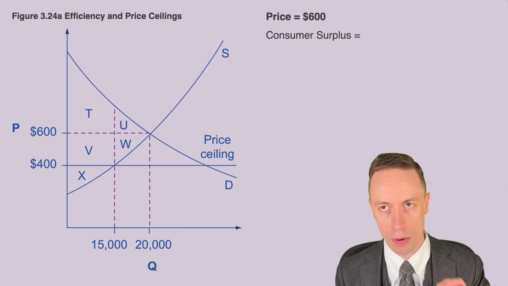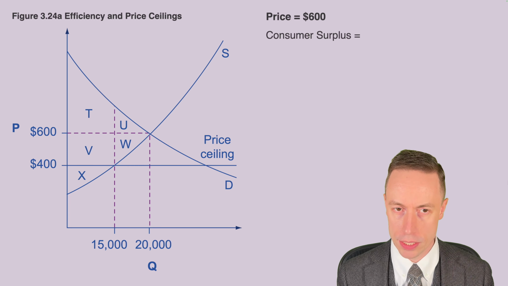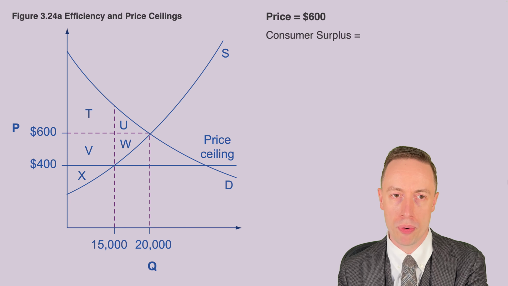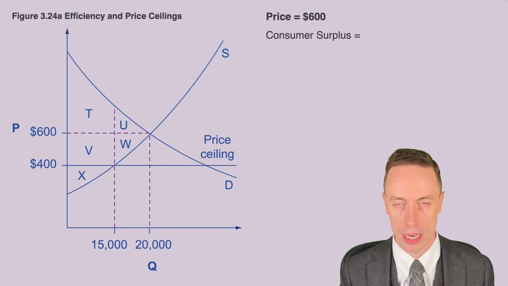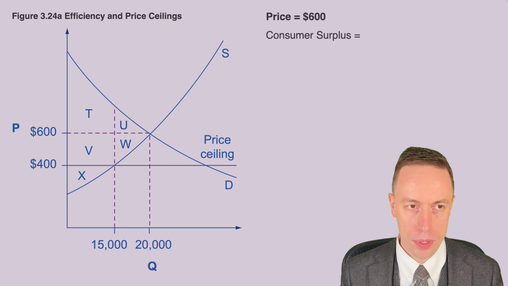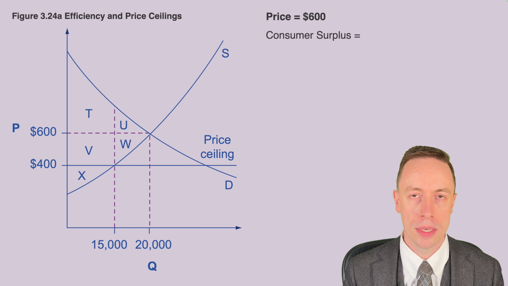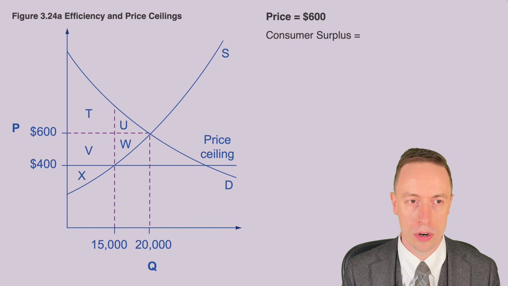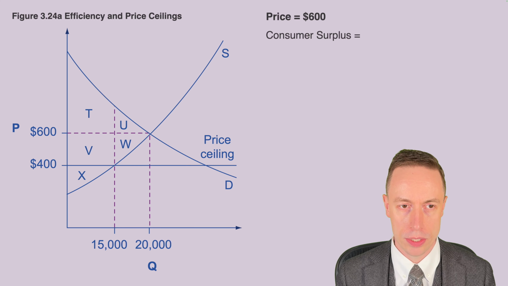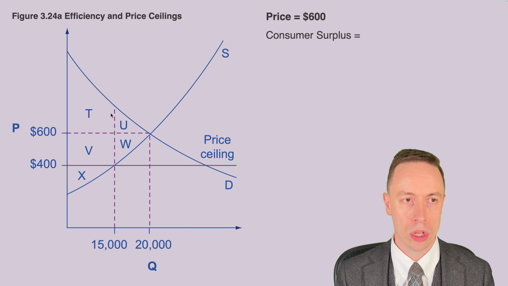So let's start out with our baseline here. Price is at $600. The price ceiling is not in effect. One more time. Consumer surplus is the area below the demand curve, above the price. So we look at our areas here. We've got all these buyers buying.